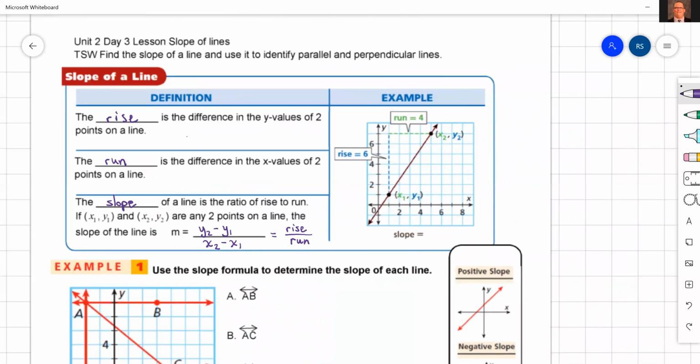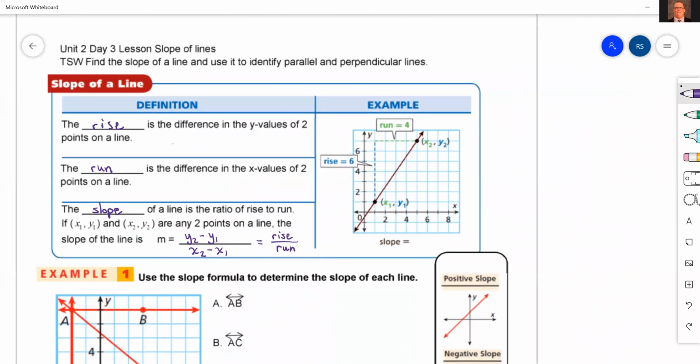So if we look at this short little example over here, and remember that slope is rise, which is 6, over run, which is 4, that would mean our slope reduces, we always need to reduce, to 3 over 2.